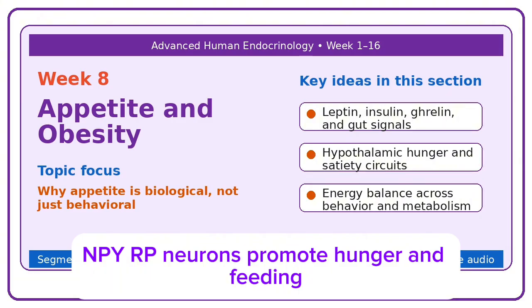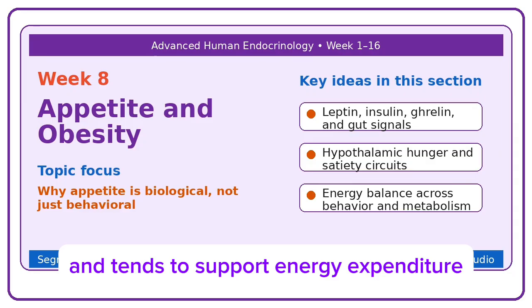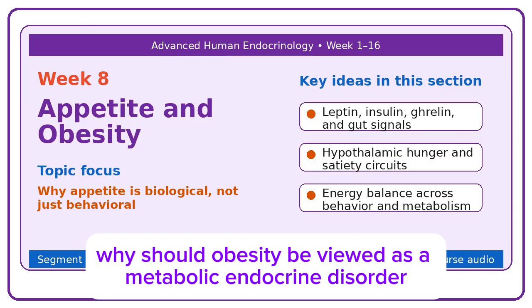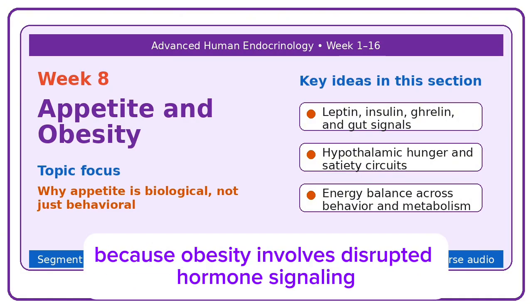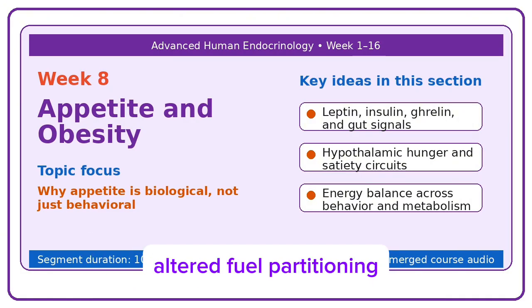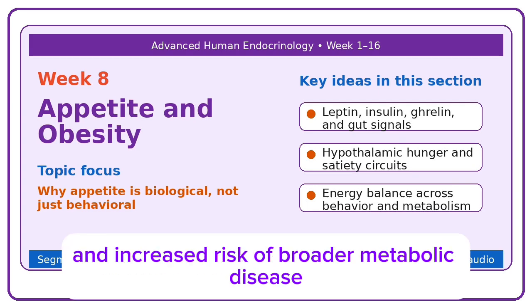NPY-AgRP neurons promote hunger and feeding, while POMC melanocortin signaling promotes satiety and tends to support energy expenditure. 3. Why should obesity be viewed as a metabolic endocrine disorder rather than only as excess body mass? Because obesity involves disrupted hormone signaling, altered fuel partitioning, insulin resistance, leptin resistance, and increased risk of broader metabolic disease.